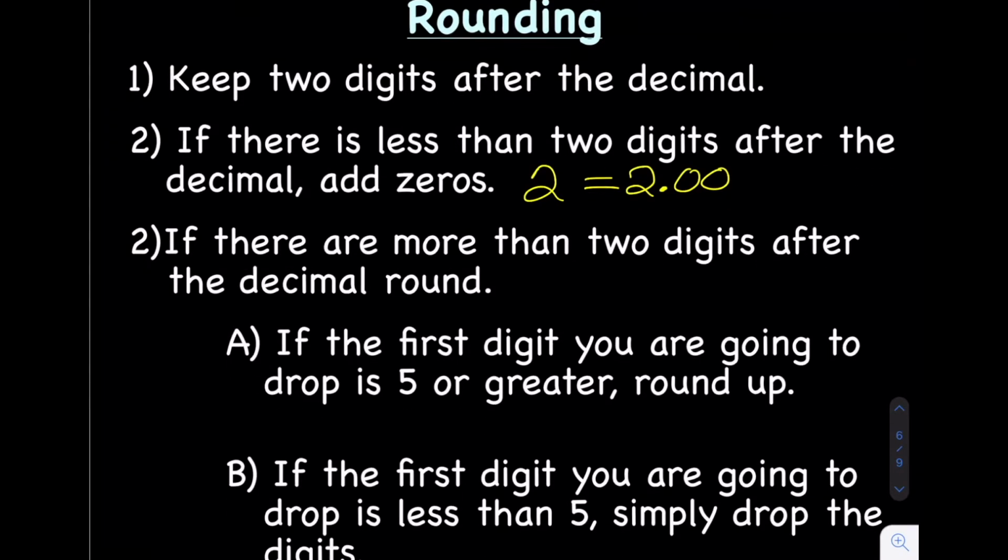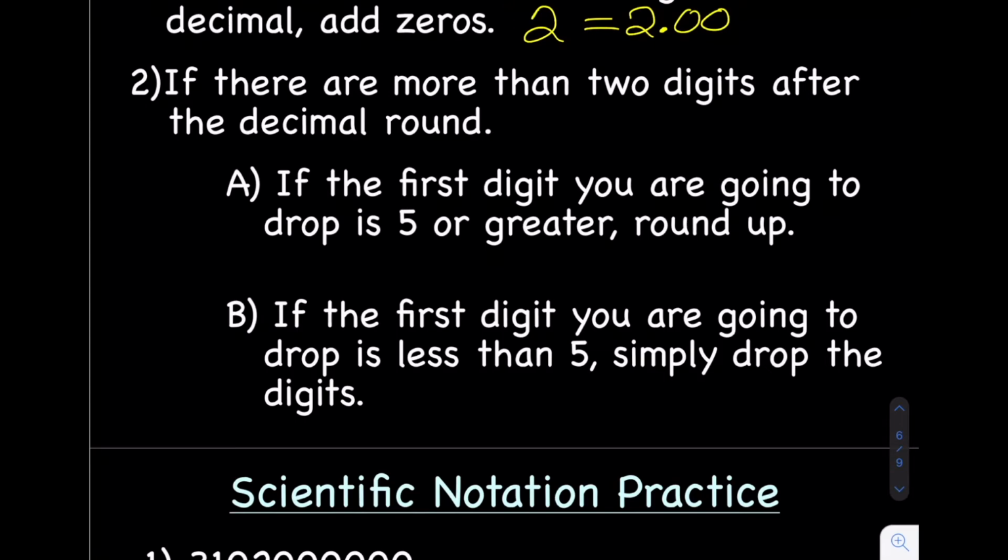Okay, so how do you round? If the first digit you are going to drop is 5 or greater, you're going to round up. So let me give you an example. I'll keep with the 2 point something. 2.54572. When you're rounding, we want 2 digits after the decimal, right?